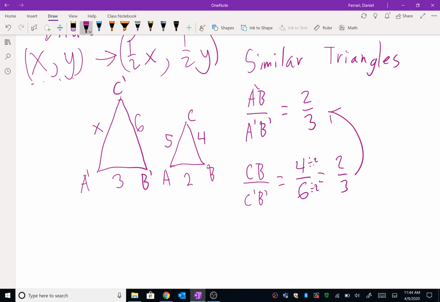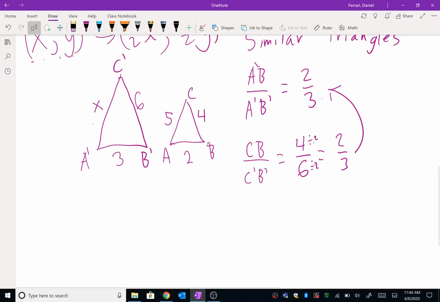I don't actually need to go through this process for all of the sides. I just need to do it with one of the sides and then the one that I don't know. So if I look at AC over A prime C prime, AC is going to be 5, and A prime C prime I don't know yet, so that's going to be my x here.